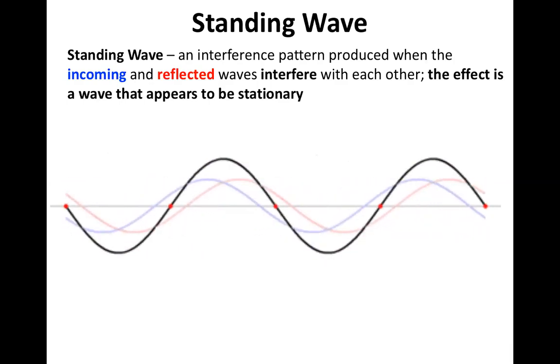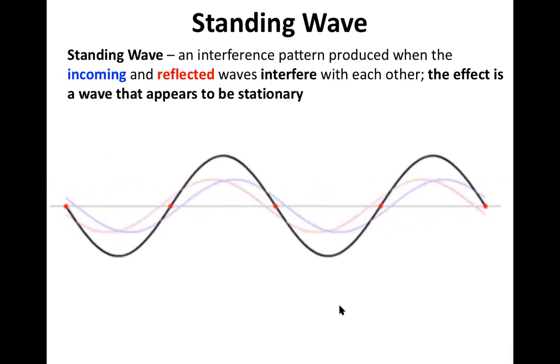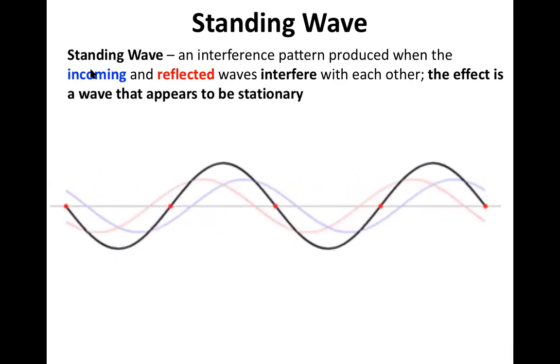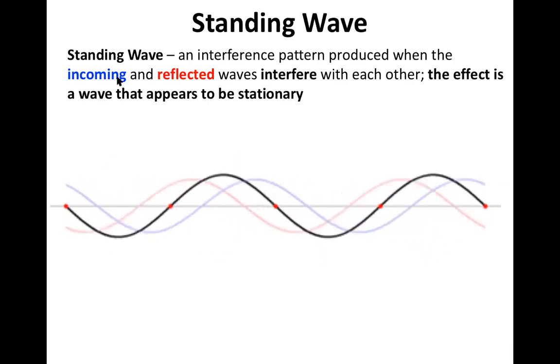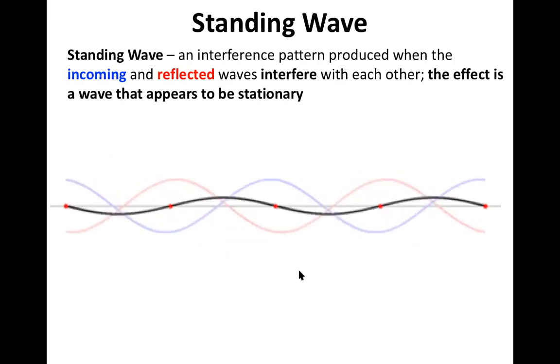It appears that it's stationary. The particles are moving up and down, but there's no overall wave direction. So this is what a standing wave is. It's when an incoming wave is interfering with its own reflection, and the effect is it appears to be stationary.